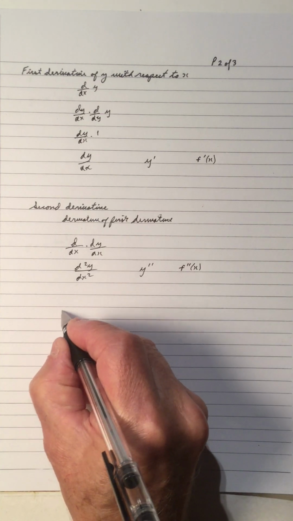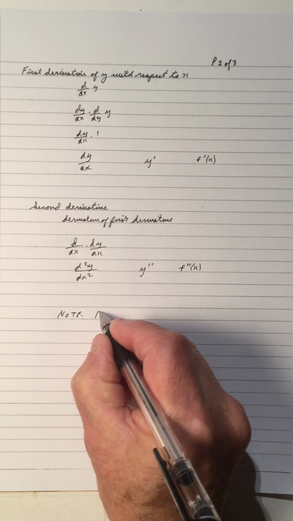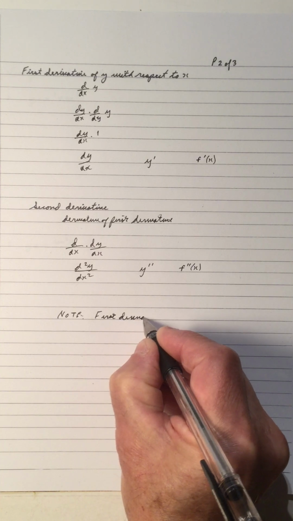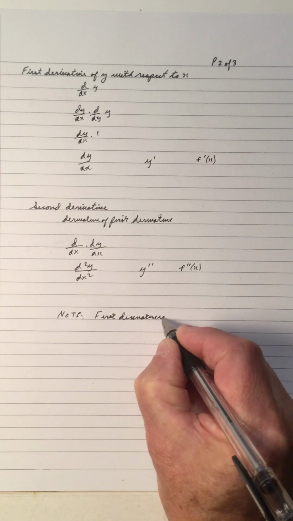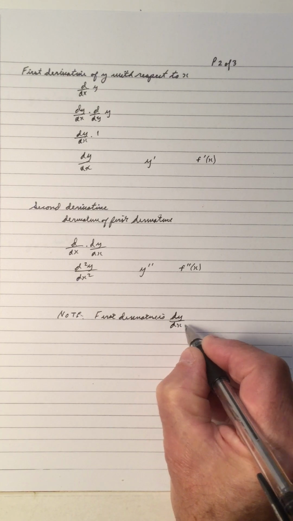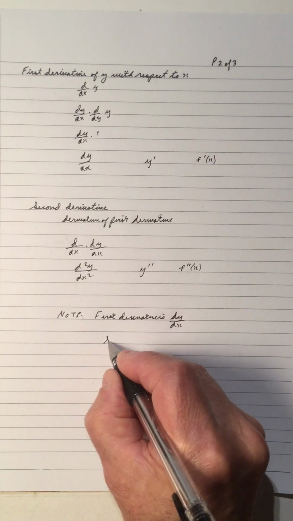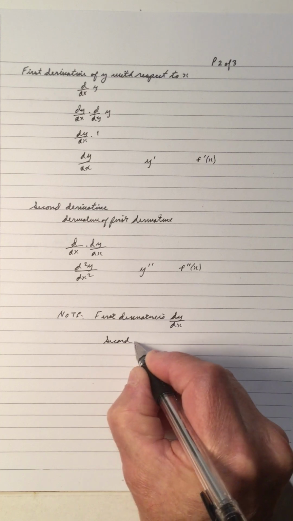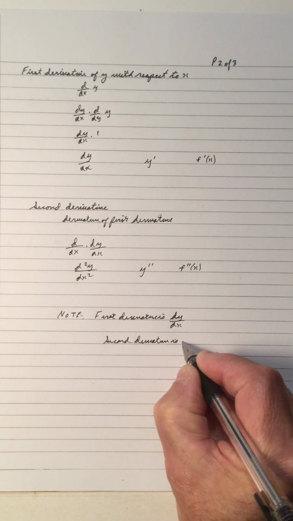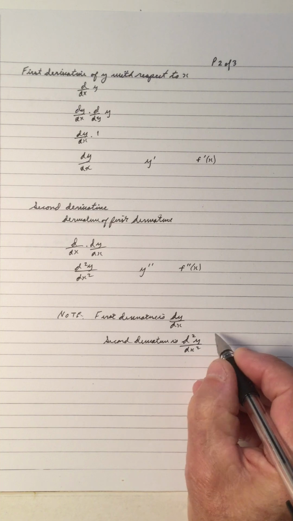I also want to draw a note, just to remind you, the first derivative is dy/dx, and the second derivative is d squared y over dx squared, that we already know.